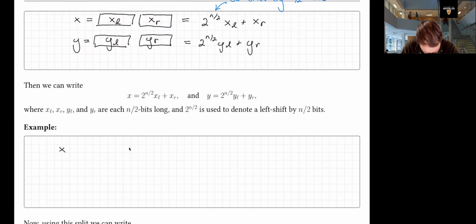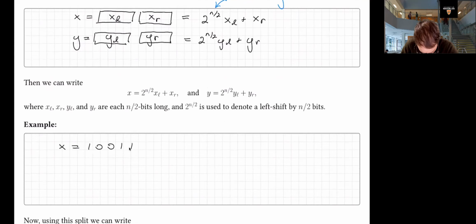Let's say that x is the binary number 1 0 0 1 1 1 0 0. Then I call these 4 bits x left and these 4 bits x right. So this is x left, this is x right.